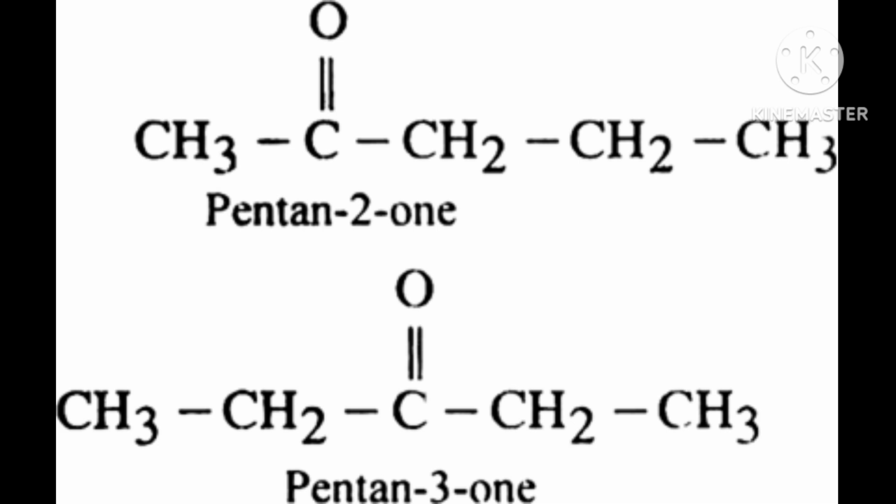A sequential account, listen carefully, a sequential account of each step describing details of electron movement, energetics during bond cleavage and bond formation, and the rates of transformation of reactants into products is called reaction mechanism.